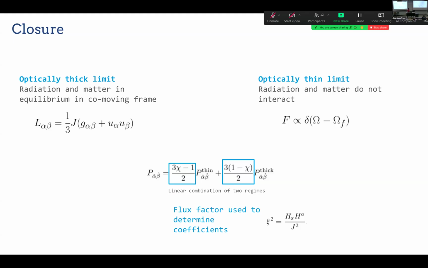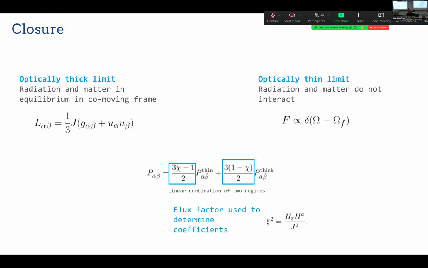With this factor, 3 chi plus 1, the chi is called the Eddington factor. It is computed with the flux factor, which is a function of the radiation energy and the radiation flux. So you are essentially saying that the radiation pressure can be written in terms of the first 2 moments of the distribution function, which is not exactly true.